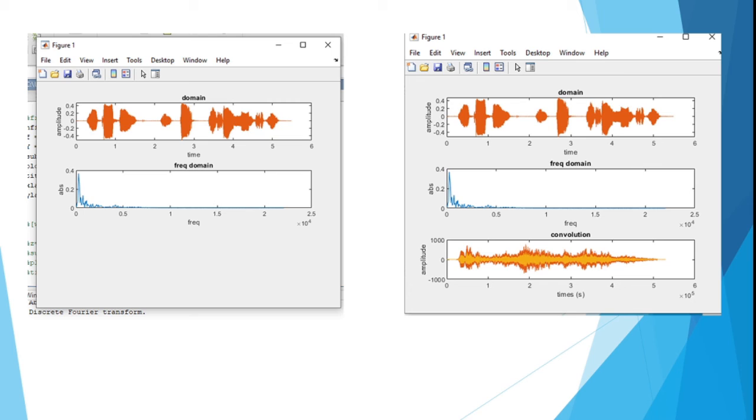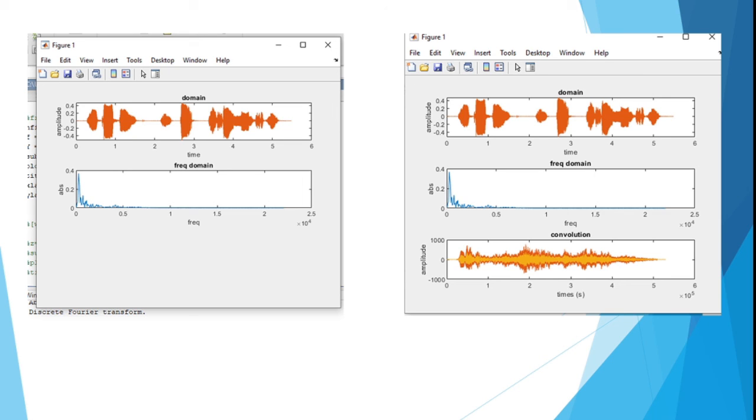The first one is the time domain, which is the input wave of Hasik's voice, and the second one is the frequency domain, the output for the impulse wave. Now the right hand side diagram. As I told you before, the time domain is the input wave for the guitar sound, the second one is the frequency domain, the output for the impulse wave, and the last one is the convolution.